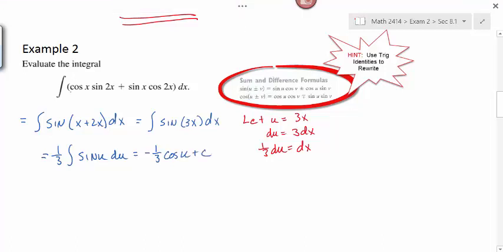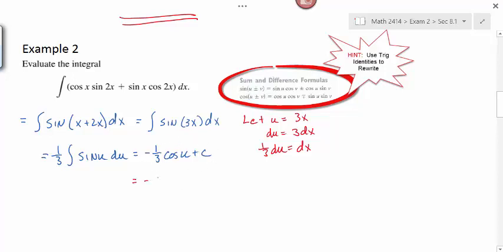And this is another mistake that I saw in your exams. People that used u substitutions left their final answer in terms of u when there were no bounds on the integral. You can't ever do that. If there's no bounds on the integral where you can change the bounds based on the u and evaluate and get a single numerical answer, you've got to go back to your original variable when you write your final answer.